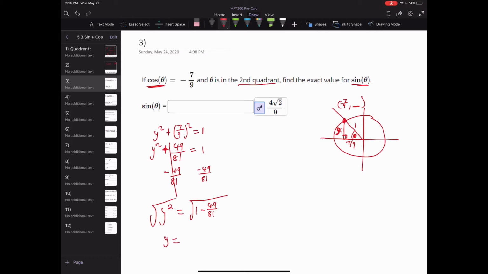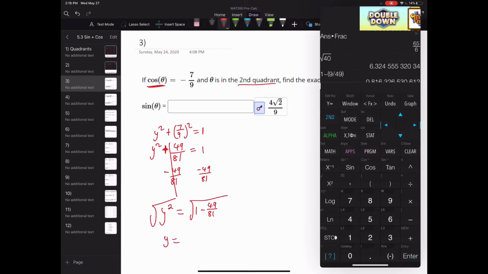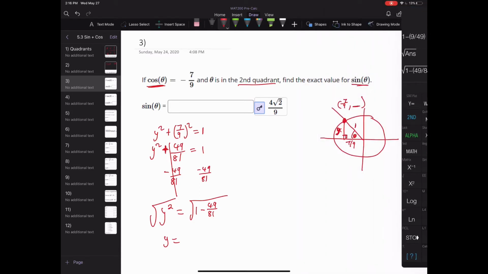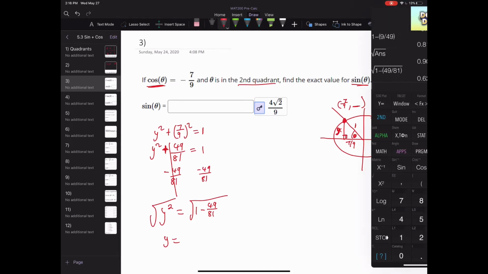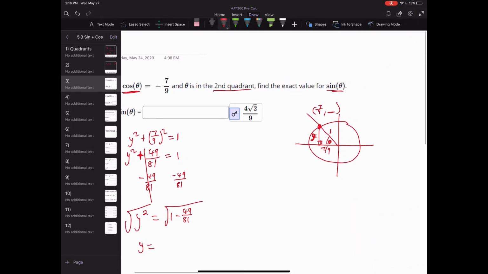So y is equal to, and let's type it all in and see, second square root of 1 minus 49 divided by 81. And we get, oh, they said they wanted to find an exact value. Okay, so here's what I'm going to do.